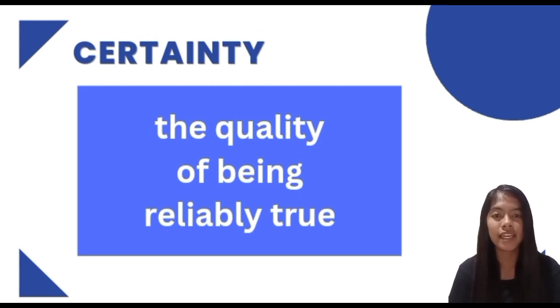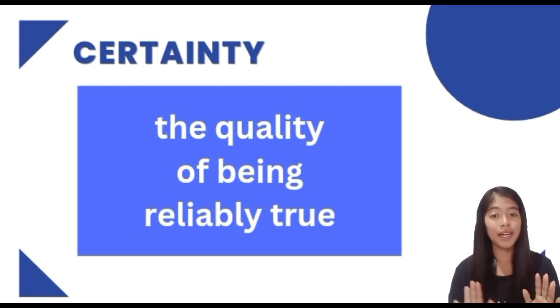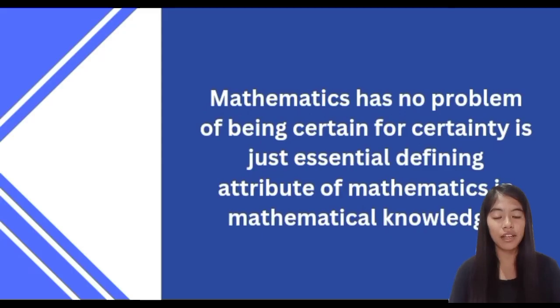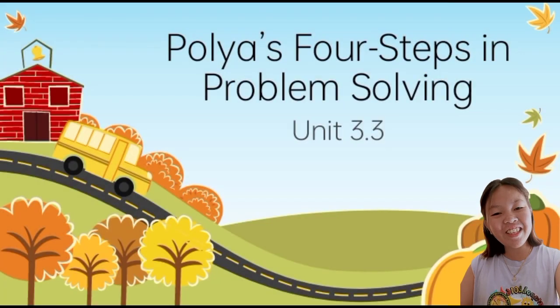Its validity is independent of its history and motivation. But in mathematics, there is no problem of being certain, for certainty is just an essential defining attribute for mathematics and mathematical knowledge. So let's move on to Polya's 4 steps in problem solving.